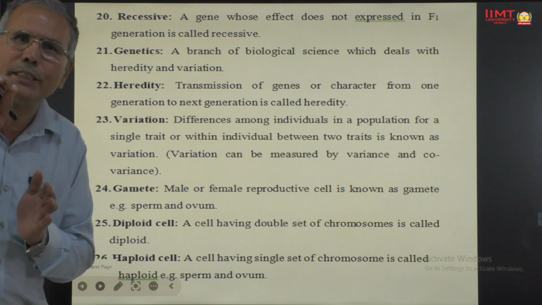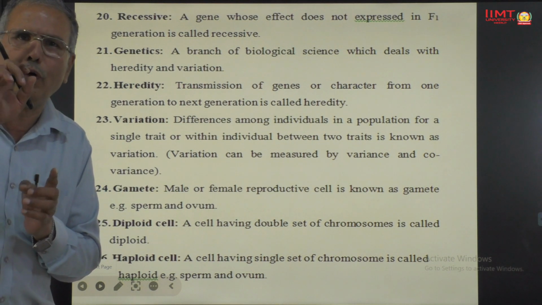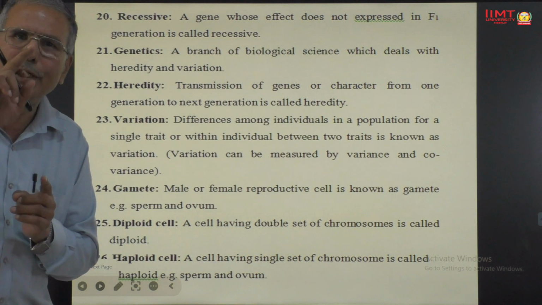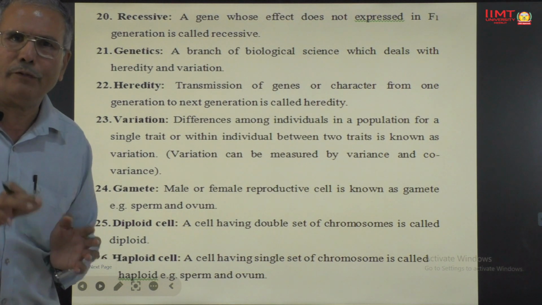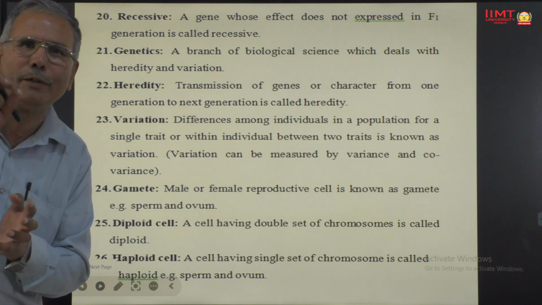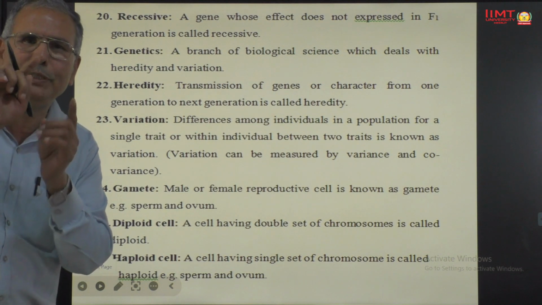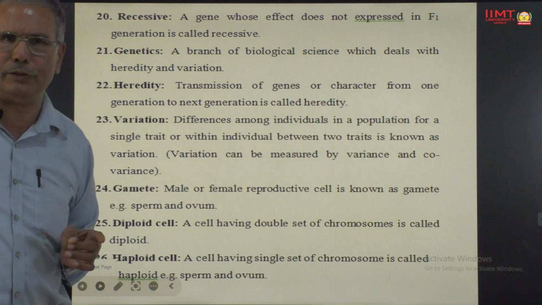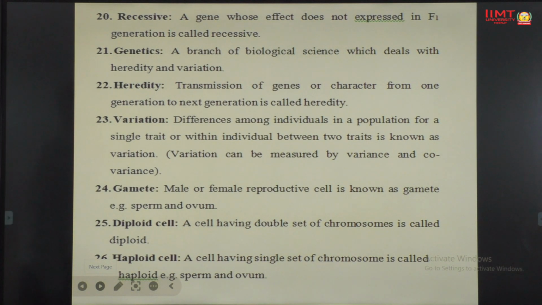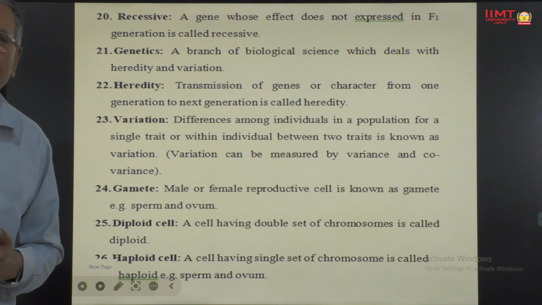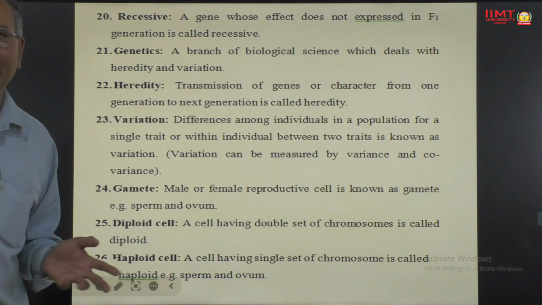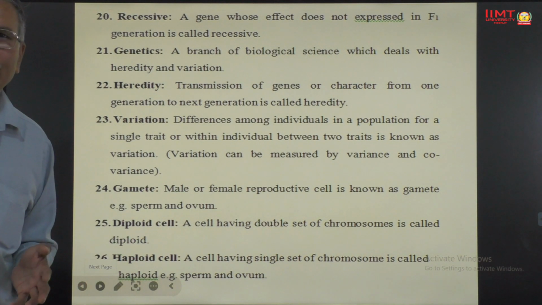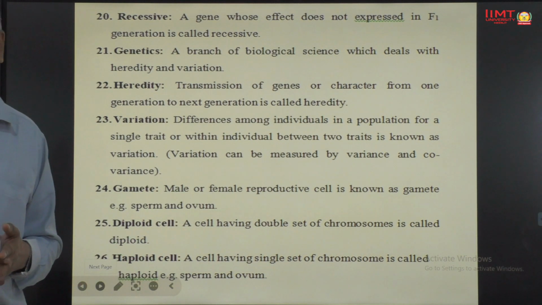Variance is a measurement of the variation of a single trait among individuals in a population, whereas covariance is the measurement of variation between two traits within an individual. What is a gamete? Male or female reproductive cells are known as gametes. In the case of male, sperm is a gamete, and in the case of female, ovum is a gamete.